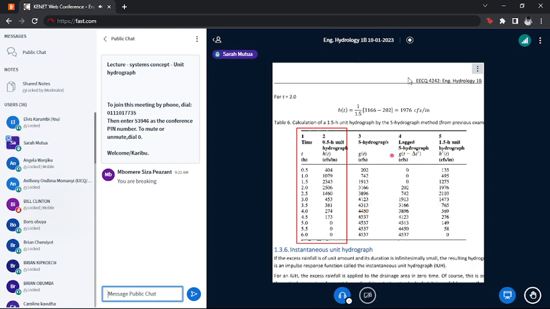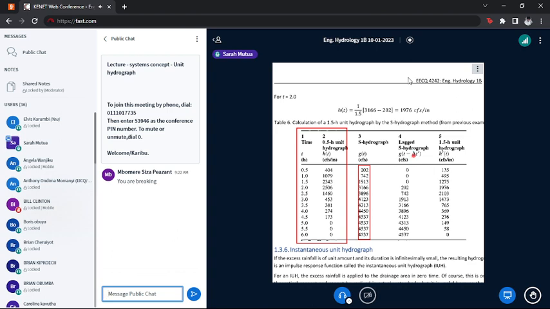Then you lag the S hydrograph G of t by time dt. We want to create a 1.5 hour unit hydrograph, so we lag the whole of this by 1.5 hours. Essentially, you just move this data downwards 1.5 hours. And then finally, we calculate the 1.5 hour unit hydrograph, because it's going to be G of t minus G of t minus dt.